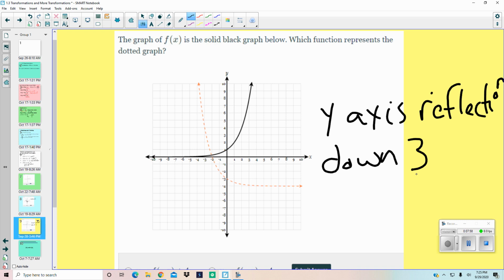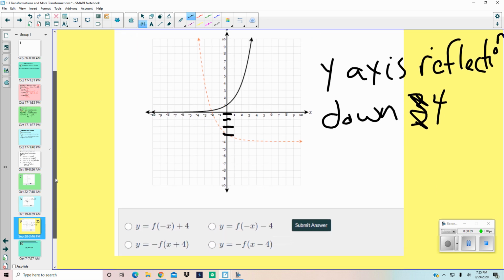And actually, it's shifted down 1, 2, 3, 4 units. So sorry, that was not correct. So it's shifted down 4 and a y-axis reflection. A y-axis reflection within the function, so f of negative x, and then down 4 is going to be a minus 4 afterwards, so it has to be that one.